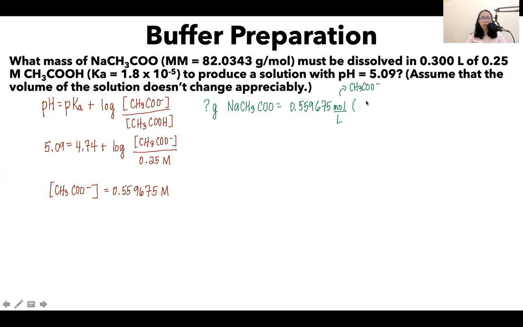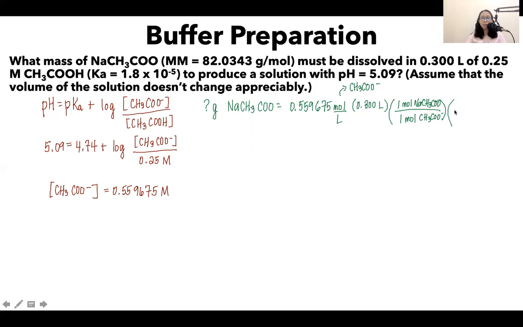We multiply this by the final volume of the solution, which is 0.30000 liter. And then again, we consider that there is 1 mole of acetate in 1 mole of sodium acetate. So I'm just showing this to make things clear.